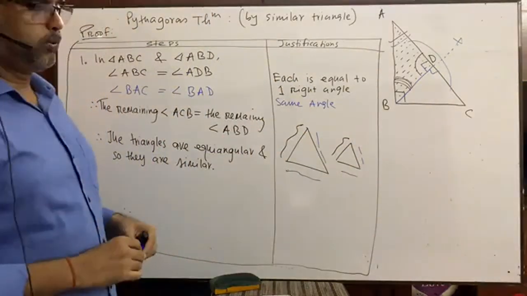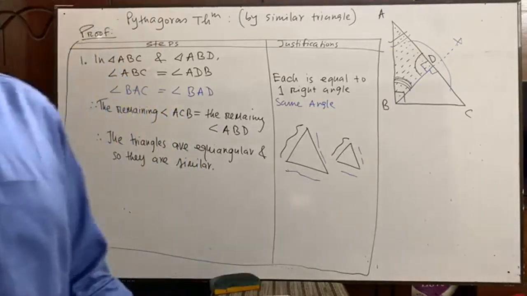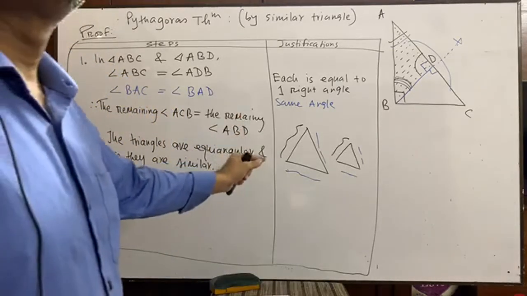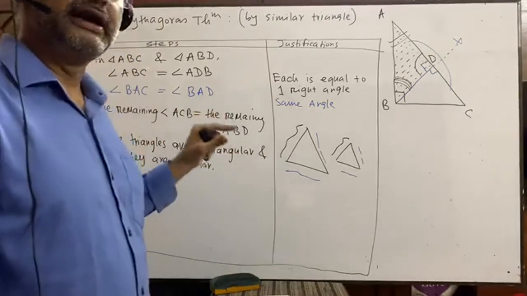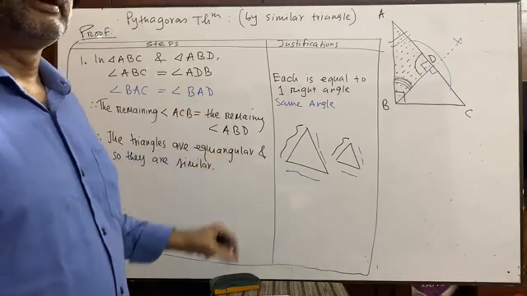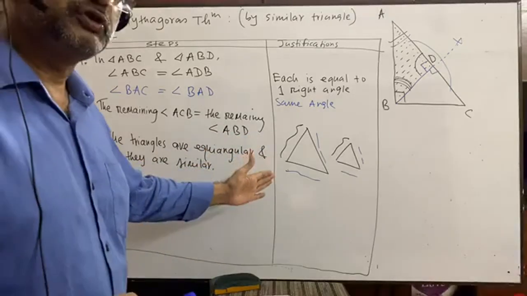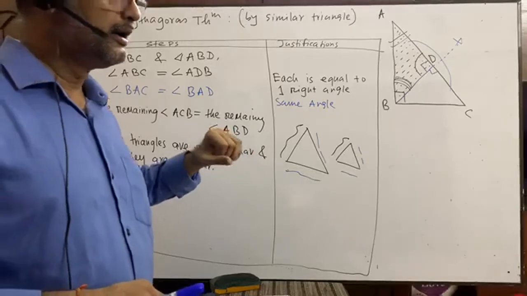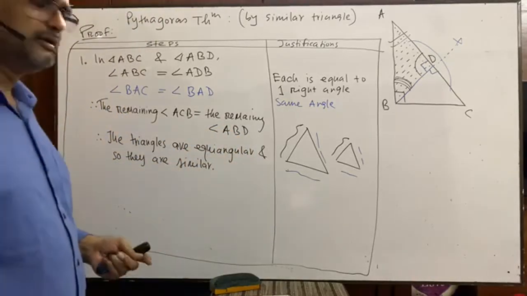Two triangles are equiangular means they are similar. Two triangles are similar means their corresponding sides are proportional. You have come to know it because it was in class 7, right?